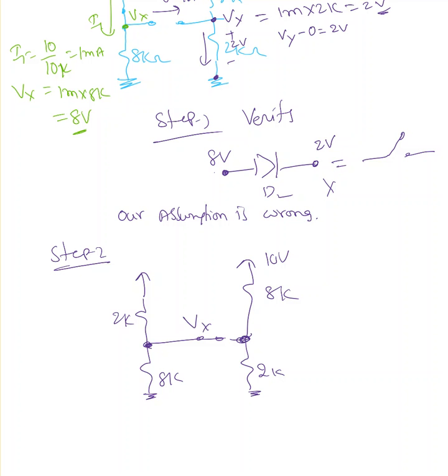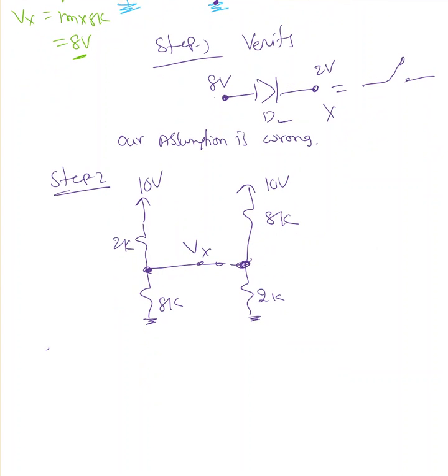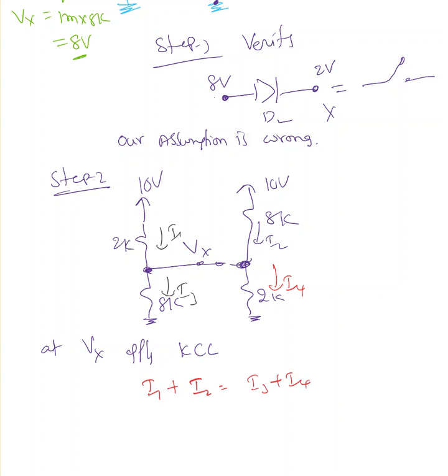Let me label that as Vx. At Vx, I'm going to apply KCL. It's up to you how you want to take the currents. I'm going to take I1 entering, I2 also entering, I3 going out, I4 going out. So I1 plus I2 must be equal to I3 plus I4.